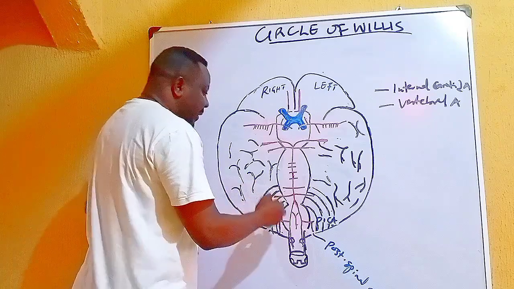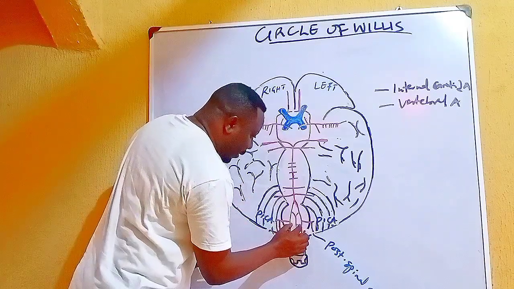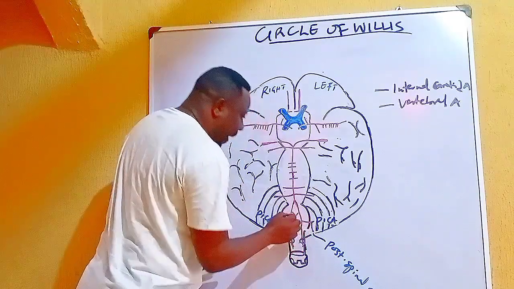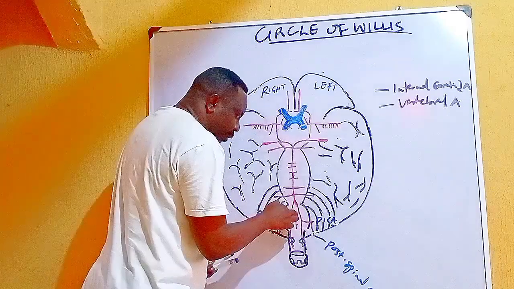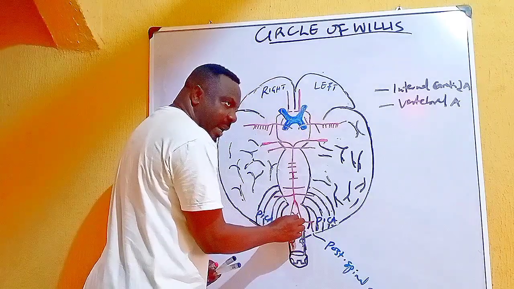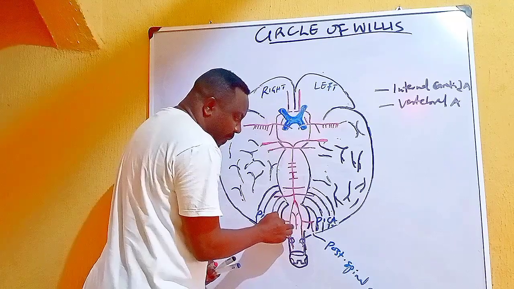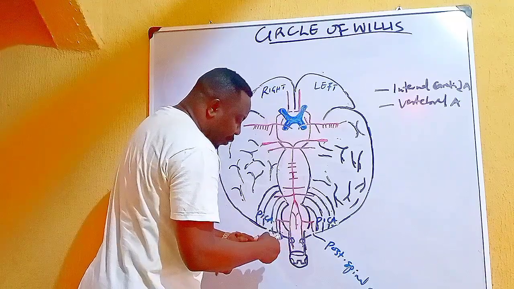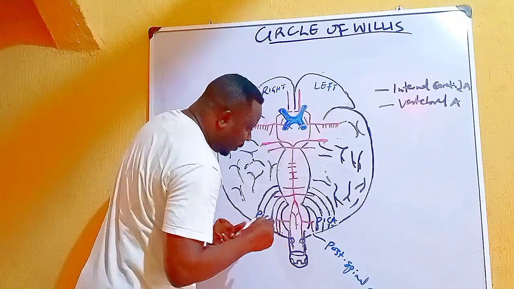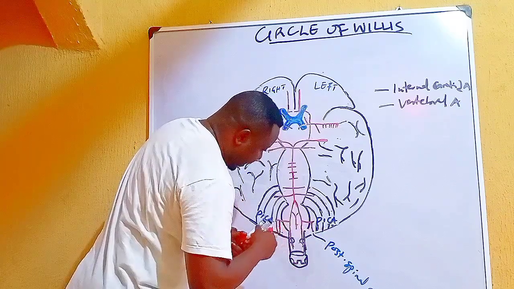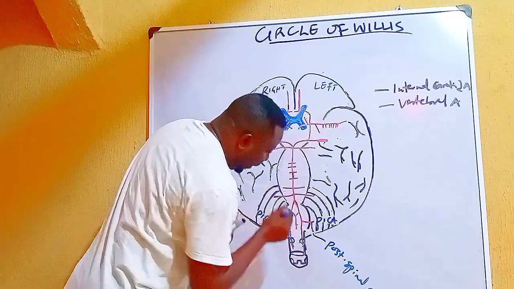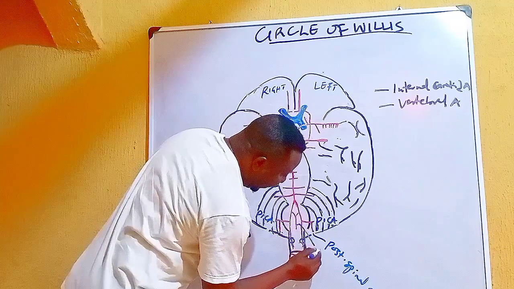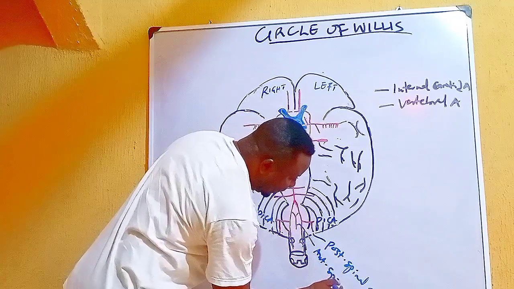Now, the vertebral artery goes upward, and as it goes upward, it gives rise to two branches that join together to form another branch, known as the anterior spinal artery.